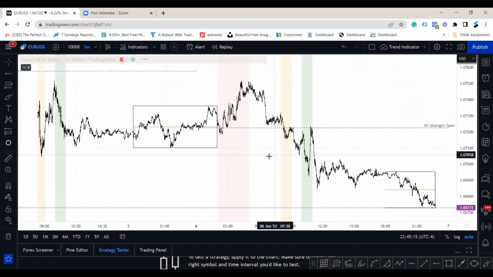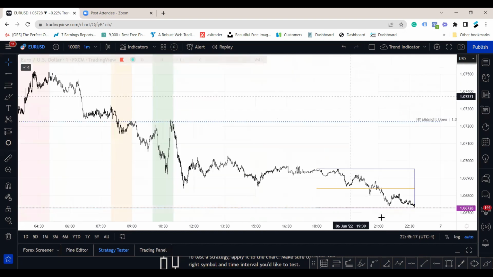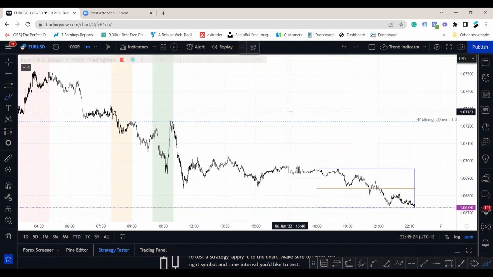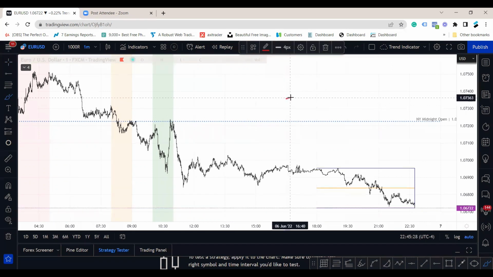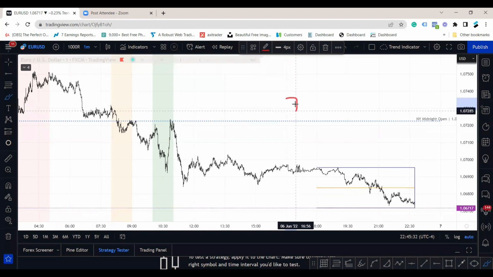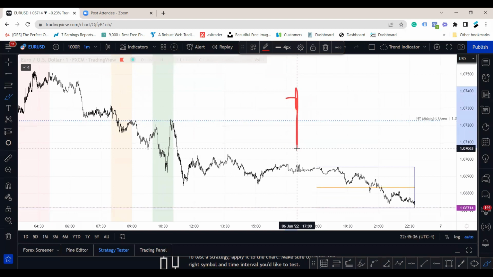So this is a very powerful concept. If you have a bias, and your bias is bearish, we know that the opening price is definitely going to be higher than the closing price.